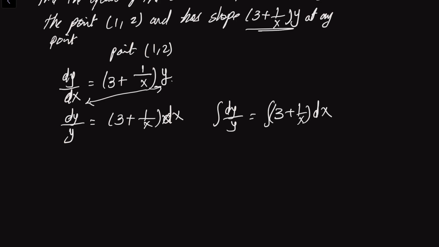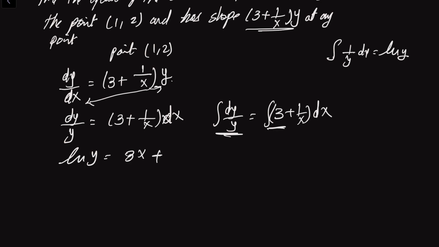Take the integration of 1 over y, natural log of y. So that would be natural log of y equal to the integration of this. It will be 3x plus natural log of x plus c, constant.